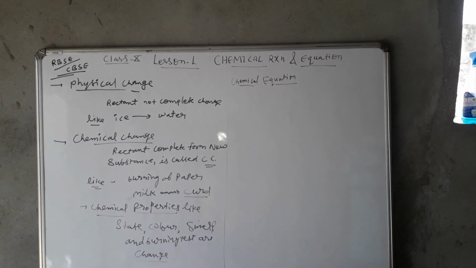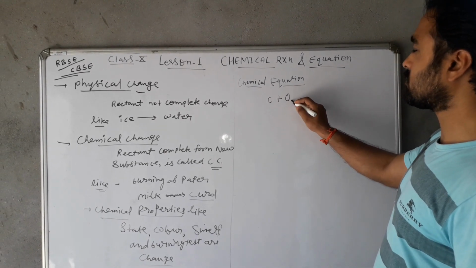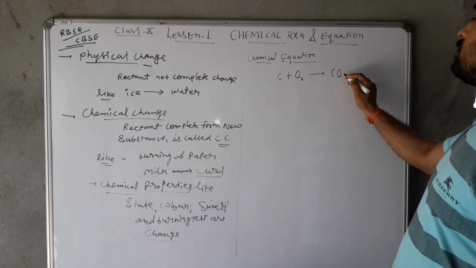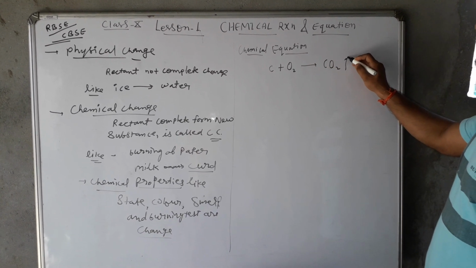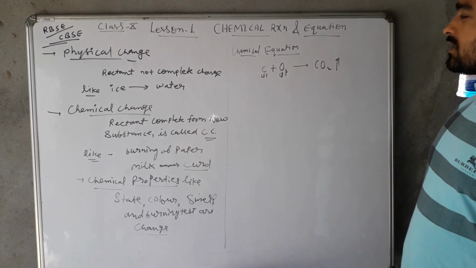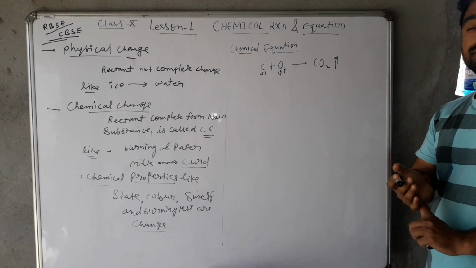And chemical equation: when carbon plus oxygen, when carbon burns with oxygen, it forms CO2. CO2 is gas and carbon is solid. Now it is the chemical equation. So what is the definition of chemical equation?